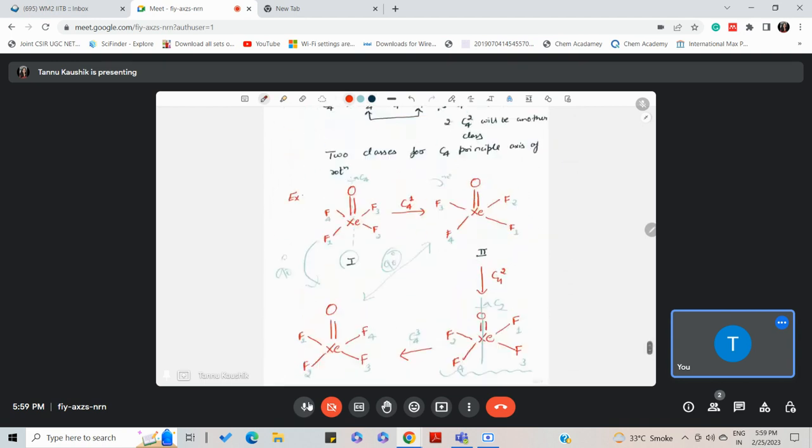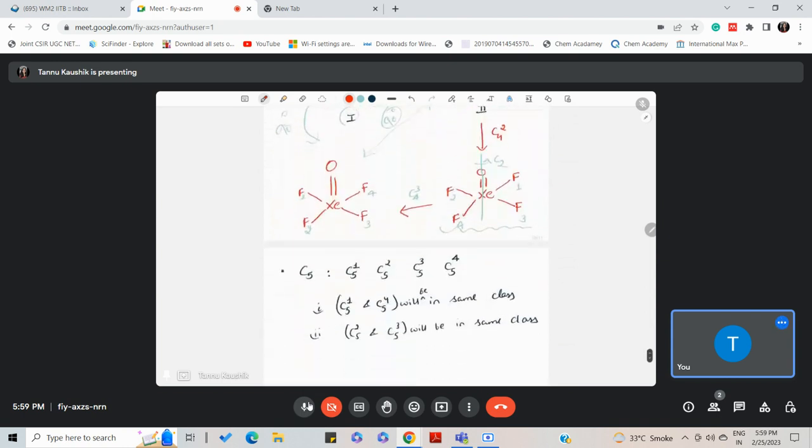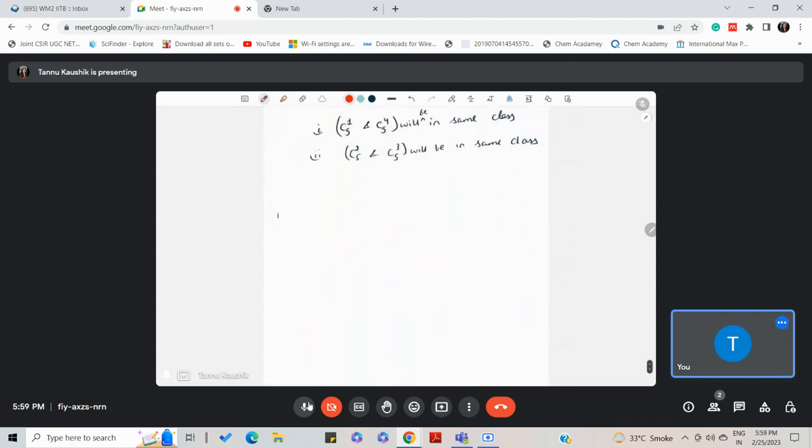Okay, so second is subsidiary C2 axis with different symmetry effects will be in the separate class. So we have seen that there are two different kinds of C2 axis of rotation present in a group.